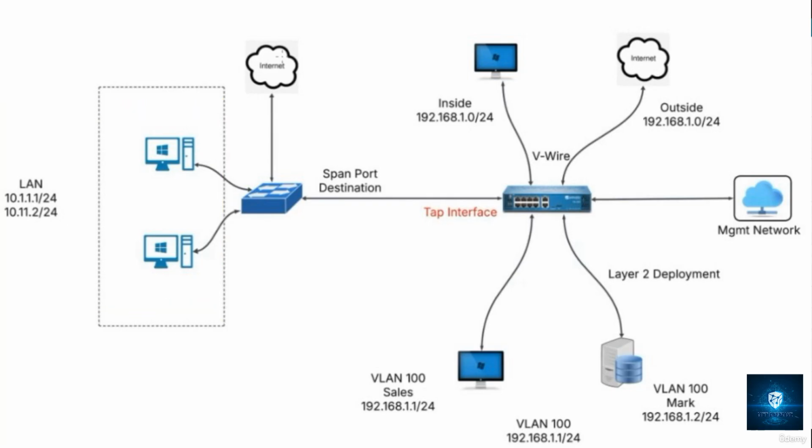Now, as you know, the tap interface mode is basically used in an environment where you have a POC, or you can have a pre-migration setup, where you are on, say, a legacy firewall, or maybe on another vendor, and you want to move to the Palo Alto firewalls.